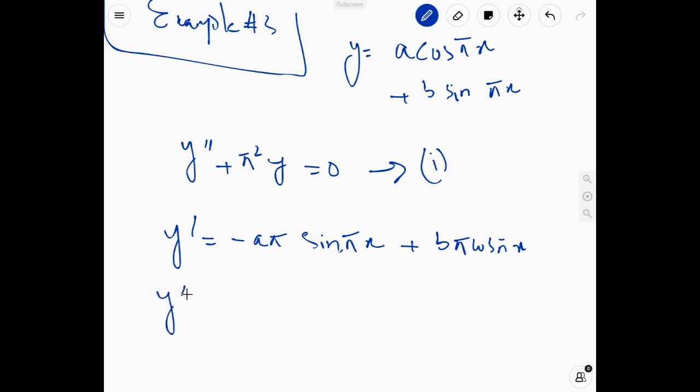and the second derivative is minus a pi square cos pi x plus b pi square, and the derivative of cos x is minus sin x, and we will write a minus here.